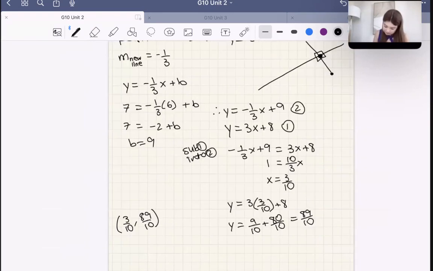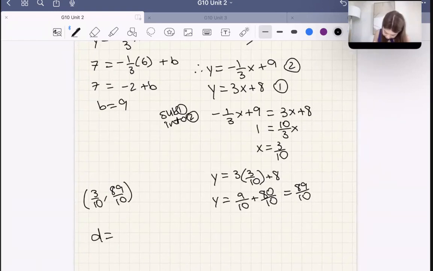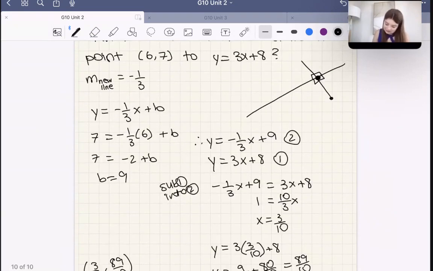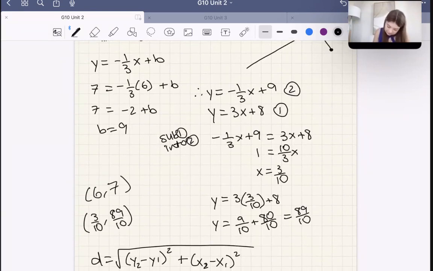So now let's do that. The distance is equal to the root of (y2 minus y1) squared plus (x2 minus x1) squared. Sorry, I wrote y squared; it should be y2, my apologies. Although we are about to square these, so it doesn't actually matter. We want the distance between the new point we just found, where those lines intersect perpendicularly, and our original point.